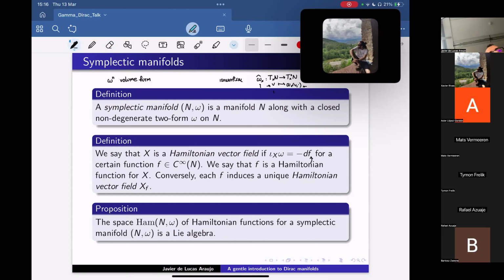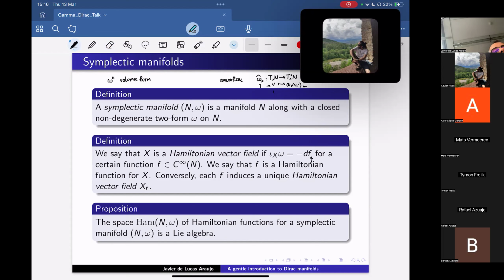Obviously, it's not uniquely defined because you can add a constant to the function. It will be also Hamiltonian for the same Hamiltonian vector field. Meanwhile, the other way around, the vector field is uniquely defined by means of the function, because the contraction of the differential 2-form, the symplectic form, with a vector field is an isomorphism.